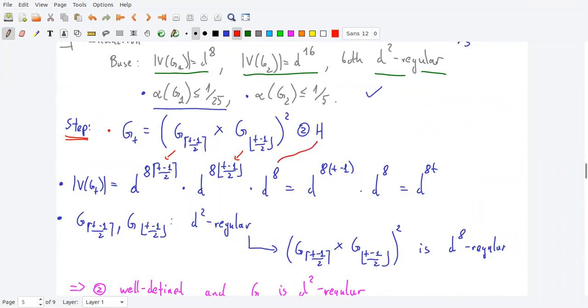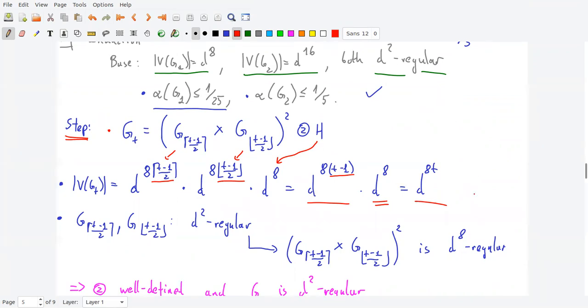Taking a zigzag product with H will multiply the number of vertices by the size of the vertex set of H, which is d to the 8. Now the ceiling and the floor of t minus 1 over 2 add up to t minus 1. So you've got d to the power 8 times t minus 1, multiplied by d to the 8, and you've got d to the power 8t as expected.